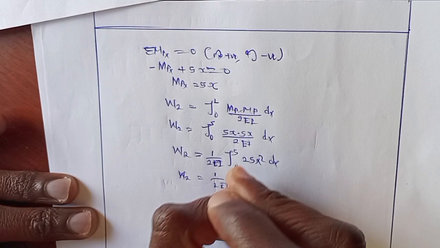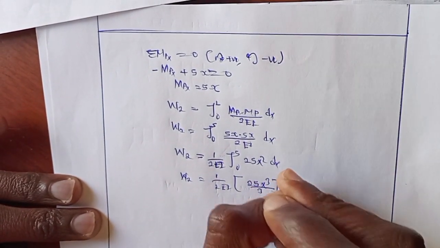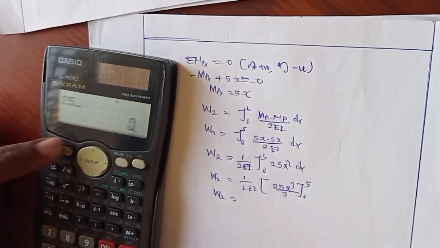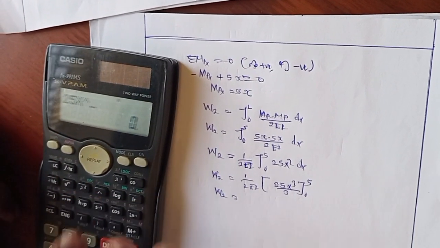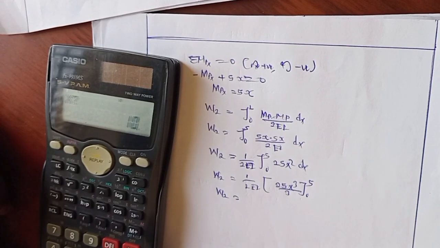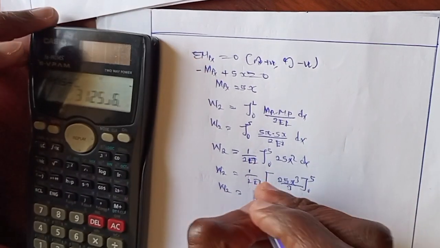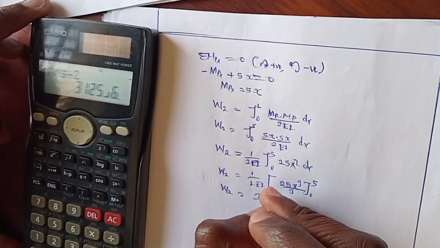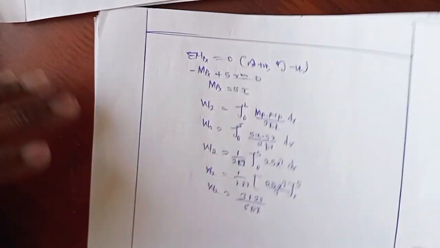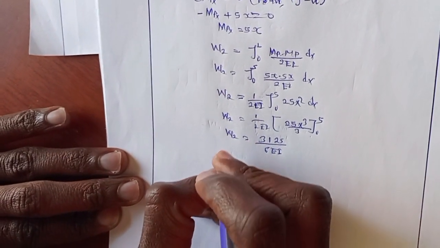This will be 25x cubed over 3 from 0 to 5. Calculating, 25 divided by 2, it will be 3125 over 6EI.